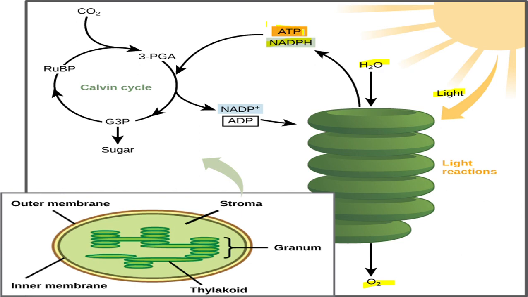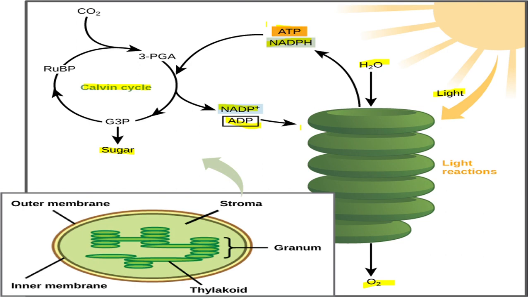This ATP and NADPH is now used in the dark reaction and will produce the glucose or simply sugar, and NADP positive and ADP. And this NADP positive and ADP will again enter the light reaction, and this reaction will carry on.